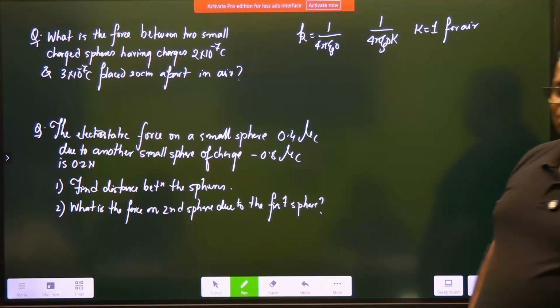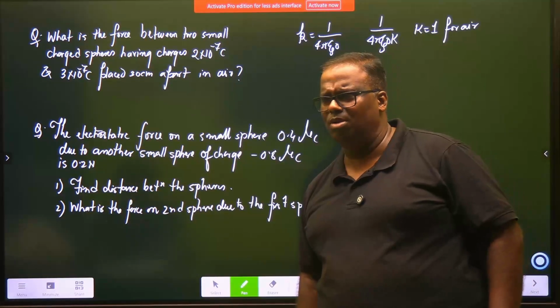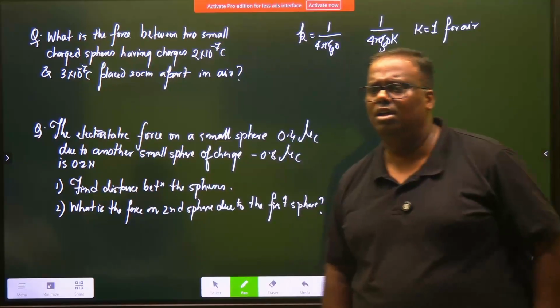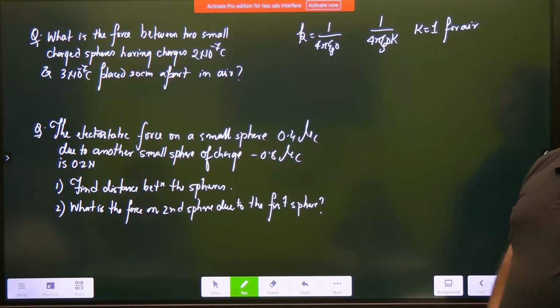What do you need to find in this problem? What formula? You didn't forget. That means you didn't study from the last class to this class. As simple as that. The force formula is K Q1 Q2 by R square. K is 9 into 10 to the power 9.